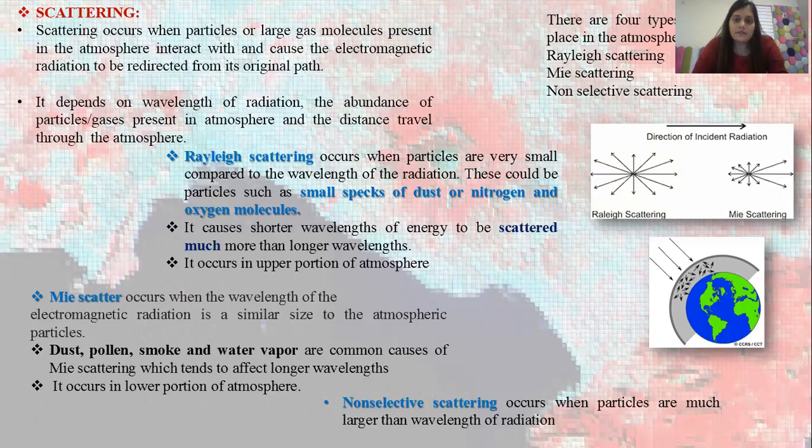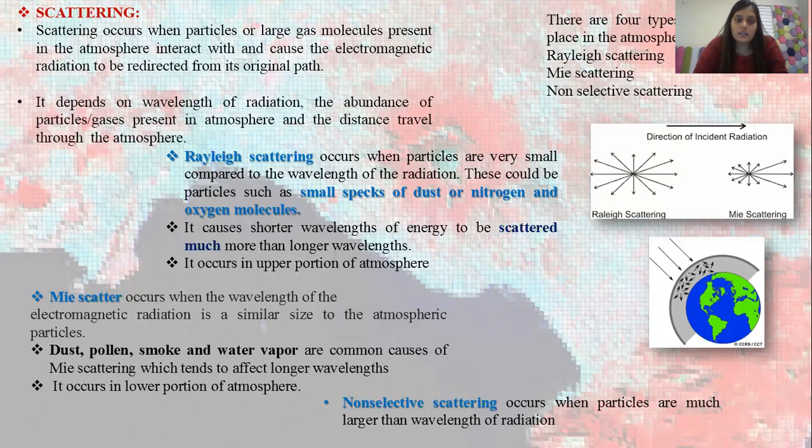The four are Rayleigh scattering, Mie scattering, Raman scattering, and non-selective scattering. But Raman and Mie scattering are the same. So here we are going to discuss three main types. Students, remember, these go much more into the physics, but yes, this is important. You have to remember these characteristics because they will be very helpful for sensors, and according to them we make our sensors. How sensors are made, we are going to study further on.